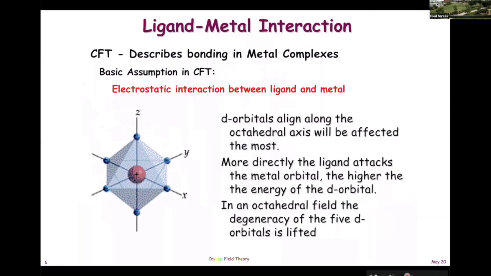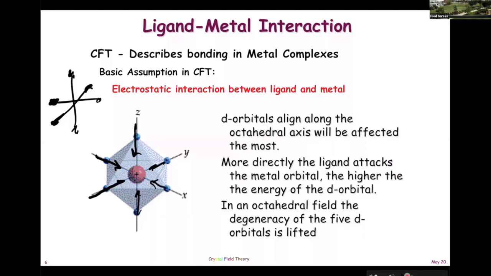So the way we can see which orbitals are going to be affected is this is an octahedral field because we have an octahedral geometry. Octahedral geometry basically has 6 ligands on the x, y, and z axes. And as these ligands start coming in along each one of these axes, it's going to affect some d orbitals more than others.